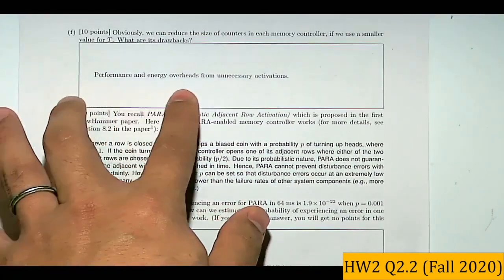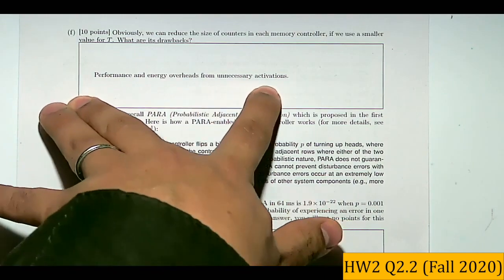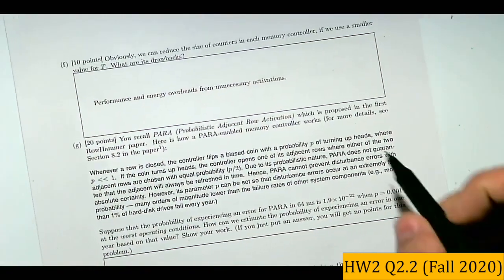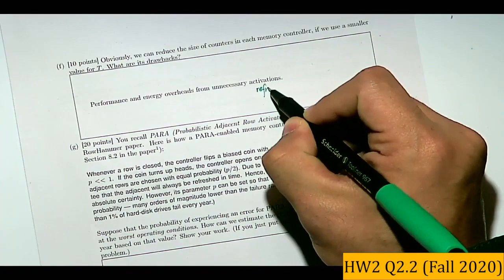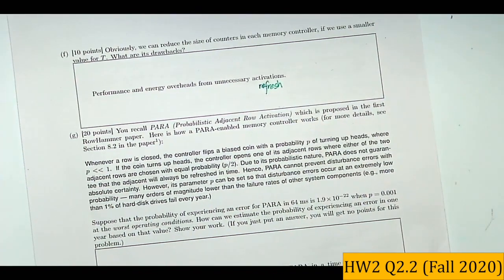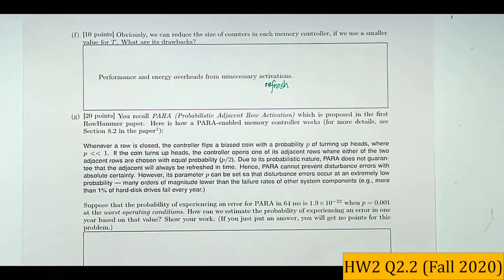So the performance and energy overhead from unnecessary activations or refreshes is the cost of using smaller threshold values.